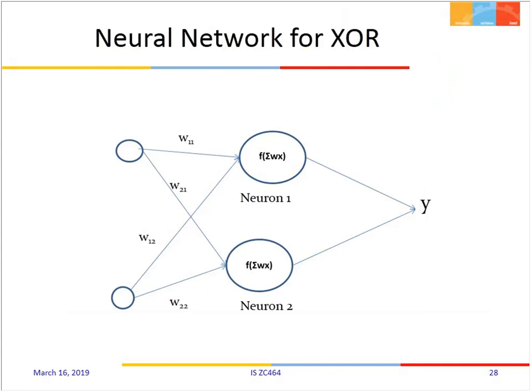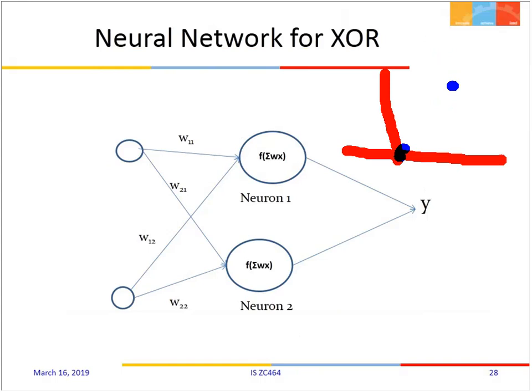I am taking different colors, say red for this input 1, 1 and 0, 0. Then a different color, I am taking green for 0, 1 and 1, 0.